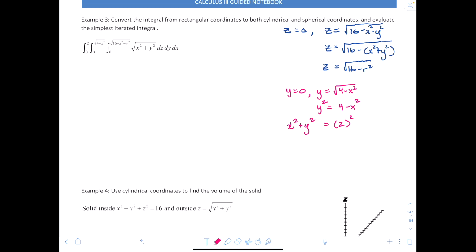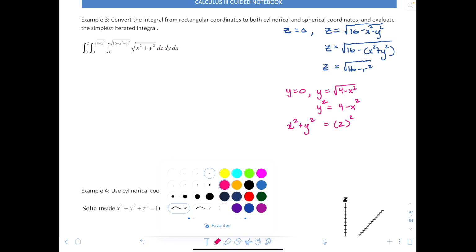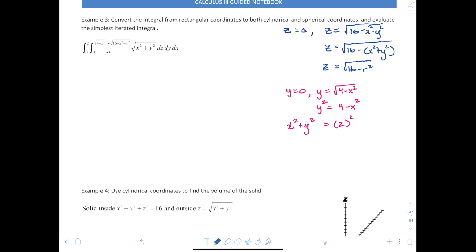So now let's take a look at what's going to happen with x, and then we can put some stuff together. So now x is bound between 0 and 2, right? So x is 0, x is 2.